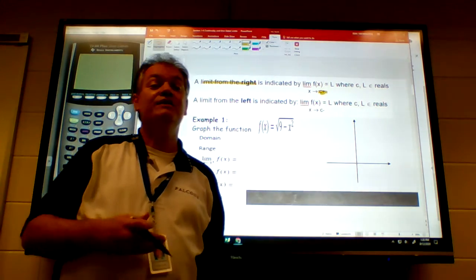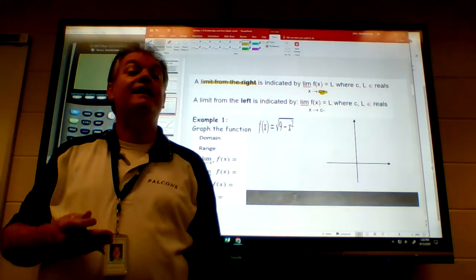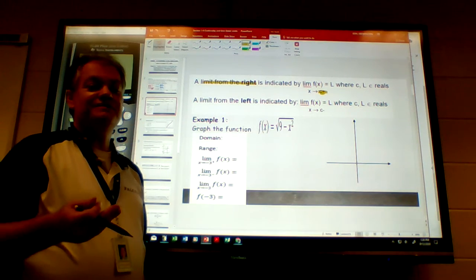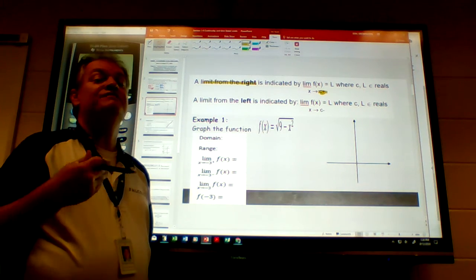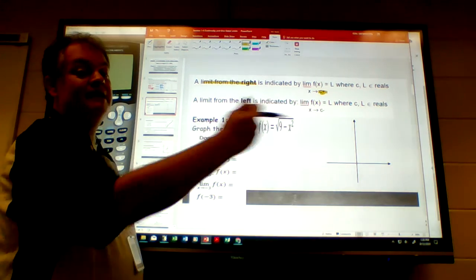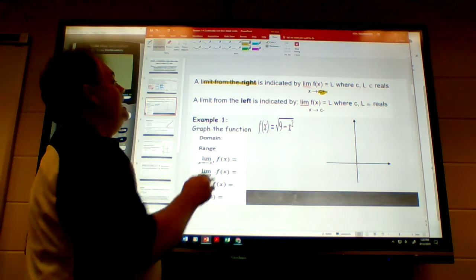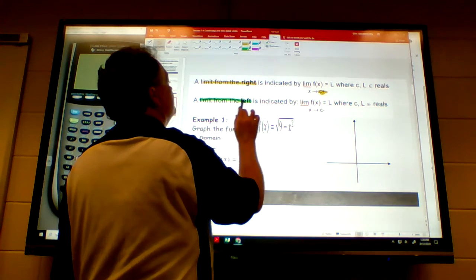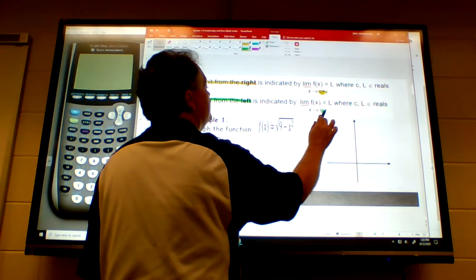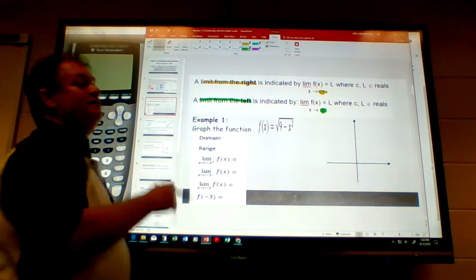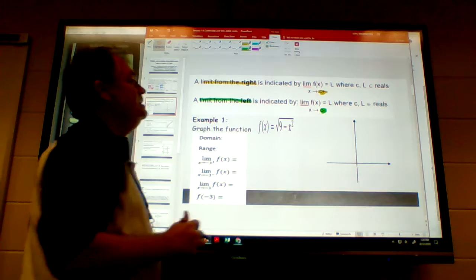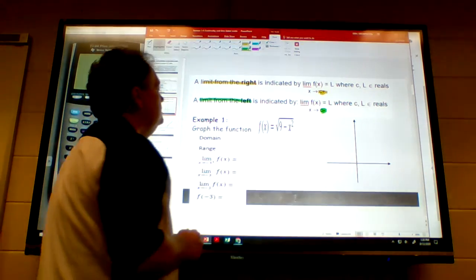Now it says plus here, but it means from the positive side, or from the right. When I say positive side, I'm talking about the positive direction, which would be the right side. And from the left is indicated by a c with a little negative sign up in the top right corner.